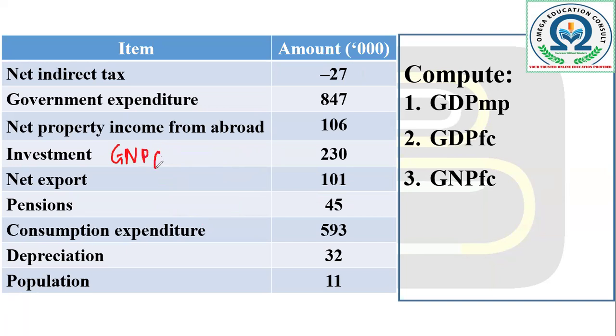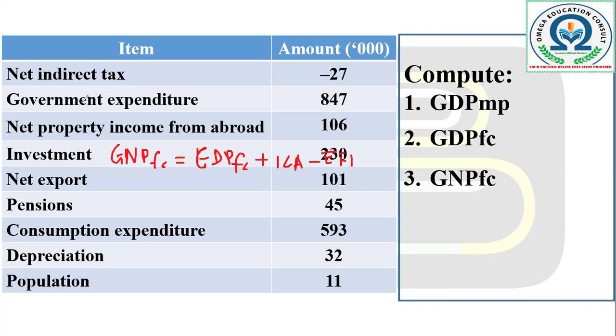GNP-FC formula is GDP-FC plus income of citizens abroad minus expatriate factor income.